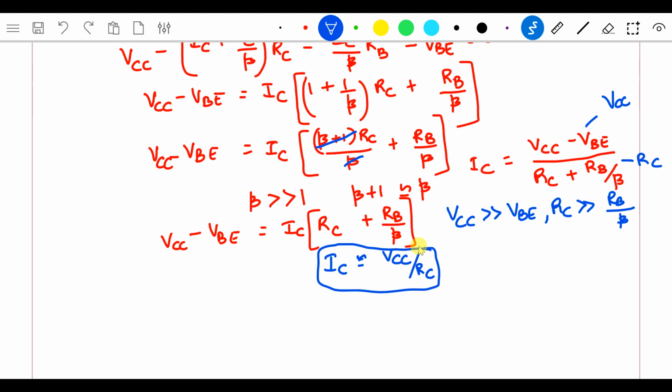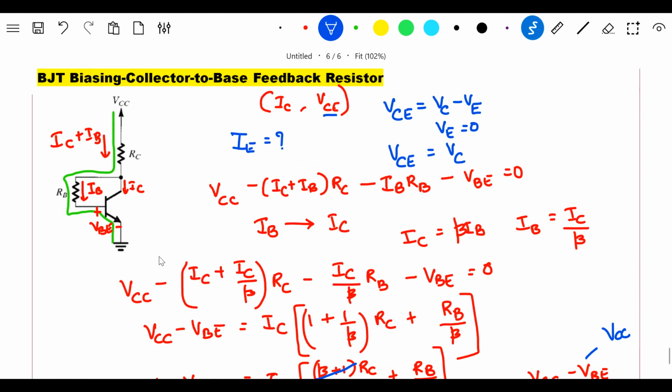Now coming to VC, which we already said is nothing but VCE. Now if you go back and look into the circuit for VCE, you see VC.